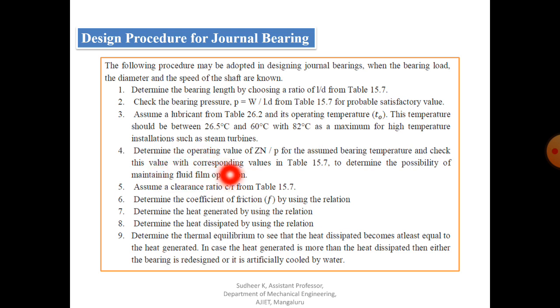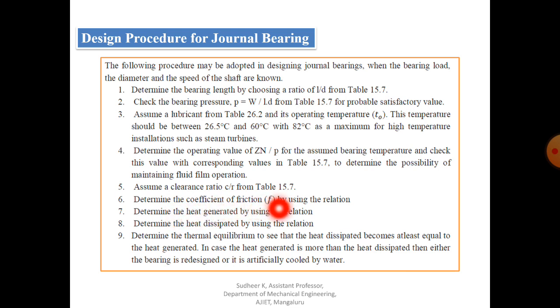Then determine the operating value of ZN by P, or assume the bearing temperature, and check whether this value corresponds to the value in table 15.7 to determine the possibility of maintaining fluid film operation.